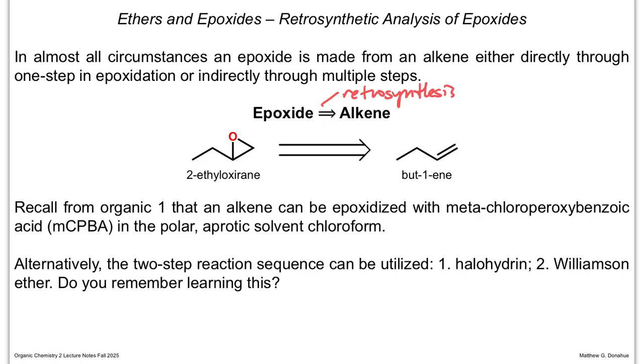So that little arrow in the middle there, that means retrosynthesis. So if I see an epoxide in my product, what can it come from?